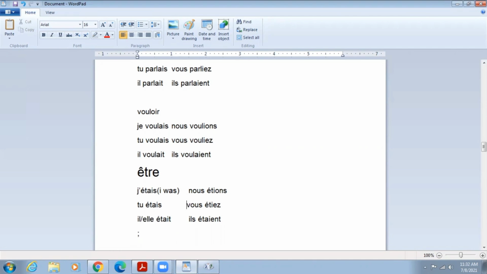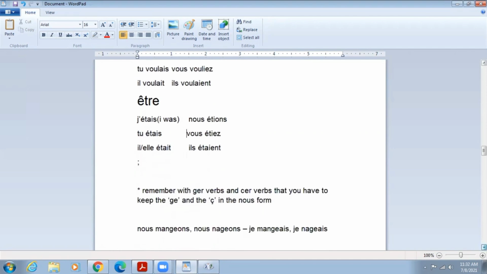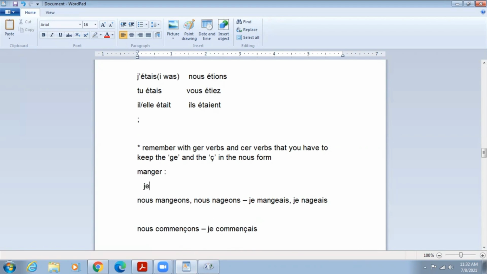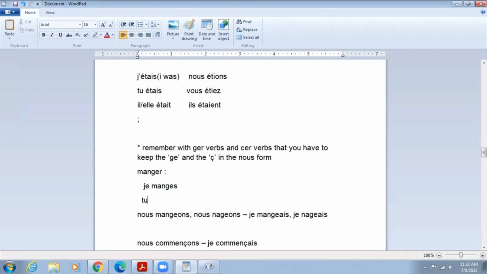Est-ce que tu as bien compris? J'ai compris. D'accord. So remember with GER verbs and CER verbs that you have to keep the GE and Ç in the new form. For example, we have manger. When we are conjugating in present form, je mange.